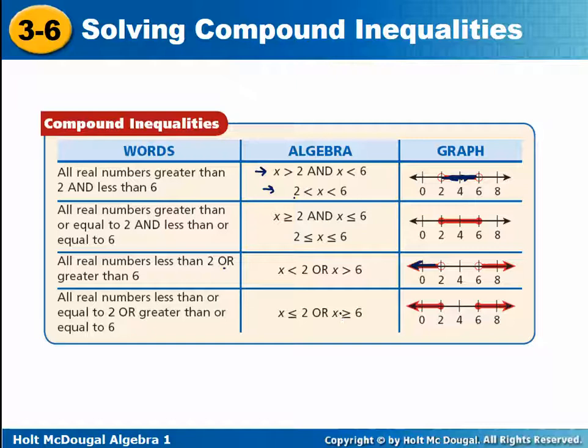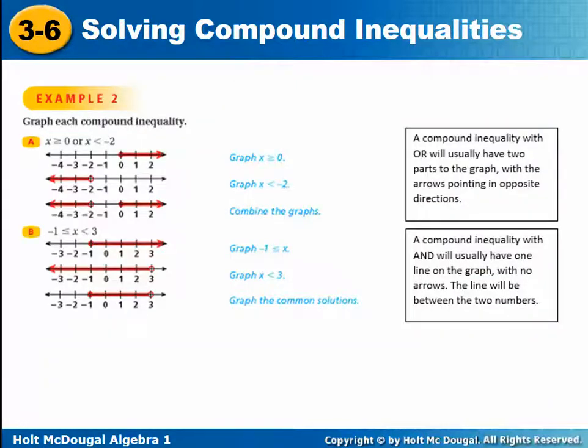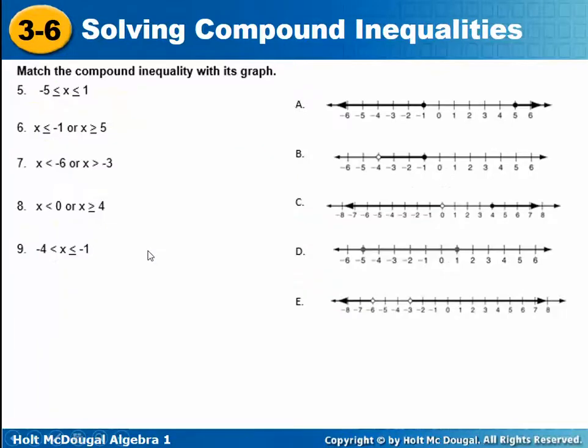So one could have a solid dot and one could have an open circle too. And here's how it shows that you could do that in 2 separate graphs and then put them together. When you're putting the "and" type together, you only include the numbers where both lines overlap, where they're common solutions.